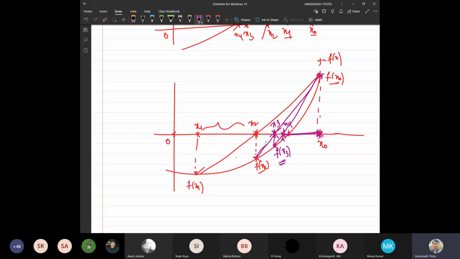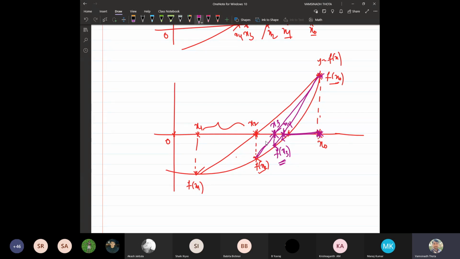It is a little different from the regular secant method because of the additional assumption. What is the additional assumption? We are going to start with the two initial approximations having two different signs.